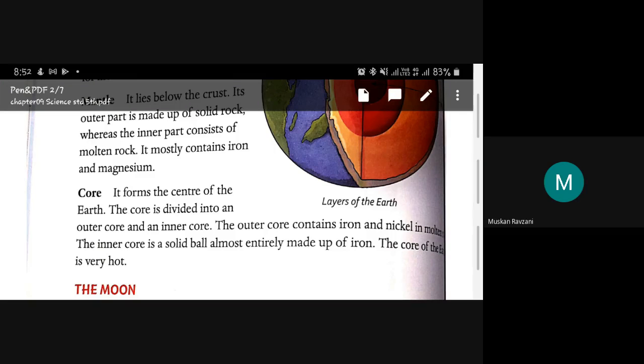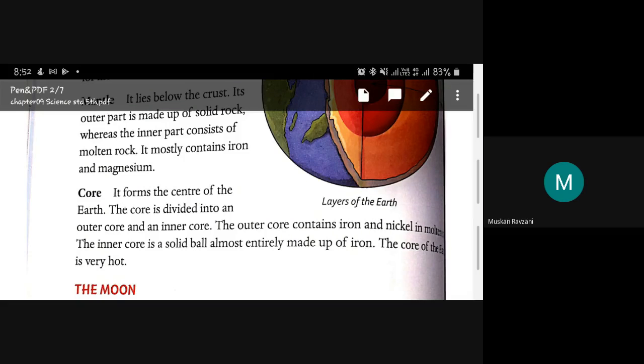The core is divided into an outer core and an inner core. The outer core contains iron and nickel in molten state. The inner core is a solid ball almost entirely made up of iron. The core of the earth is very hot.